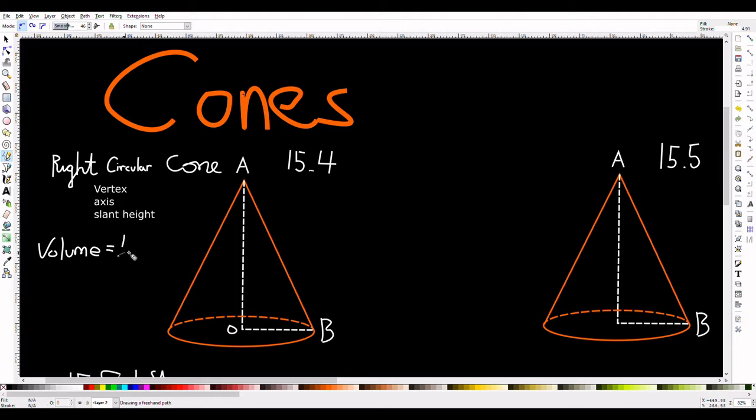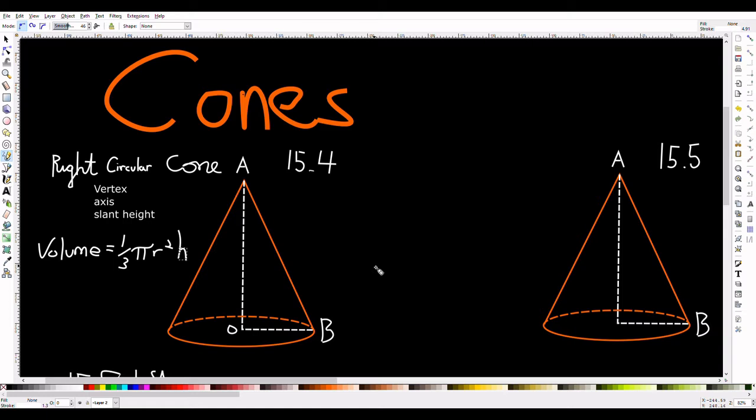So our volume formula is 1/3 pi r squared times height. And that is all we need for our definitions. From there, we will work more facts out about cones over the next 5 problems.